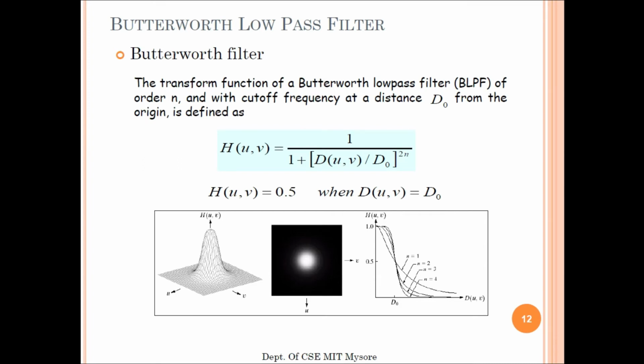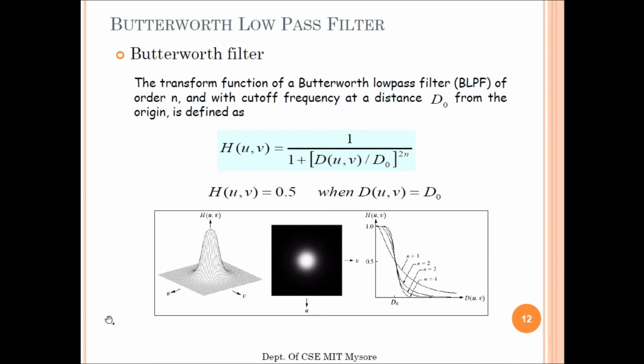So the order value n is equal to 1, n is equal to 2, n is equal to 3. In the ideal low pass filter, there is a clear cutoff between the values 0 and 1, but in this Butterworth low pass filter, the value varies from 0 to 1. You can see in this image, the center value starts with white, 1, and it slowly changes to black.